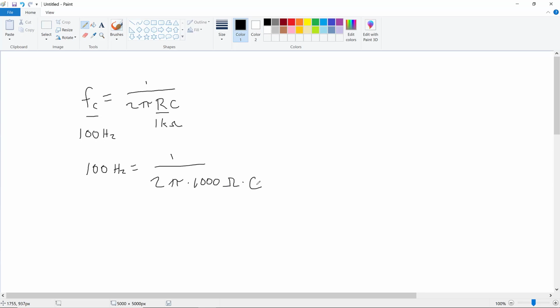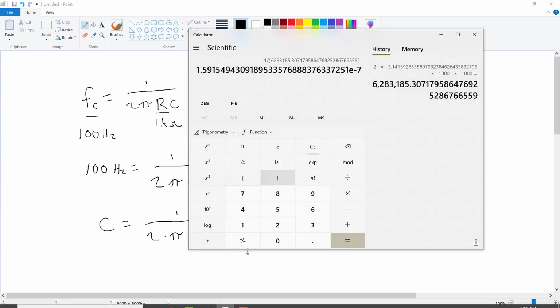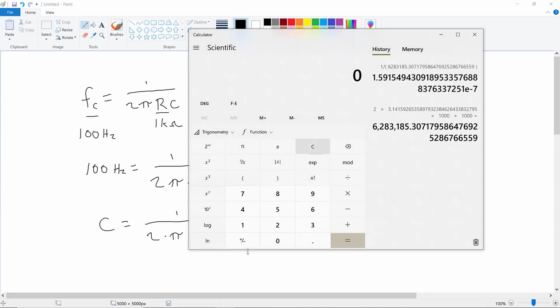Okay, now I'm going to solve for my capacitor. So I multiply through both sides by C, and I divide both sides by 100 hertz, and I get C equals 1 divided by 2 times pi times 1,000 ohms times 100 hertz. So again, I'll do this out on the calculator. So I'll clear that.